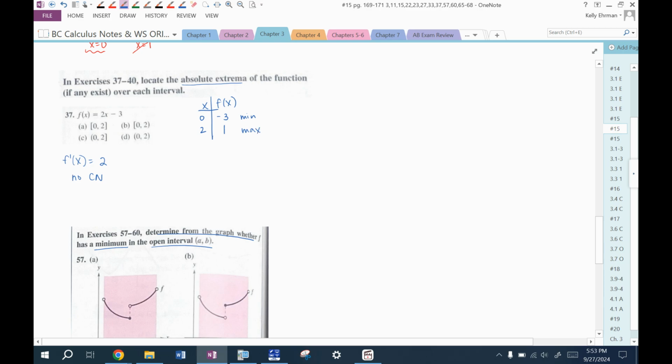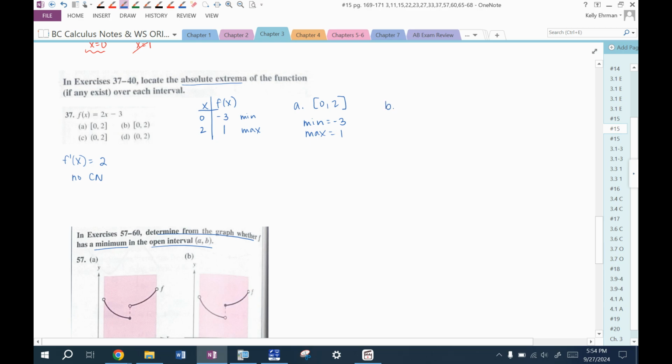And then what they're doing on all of these parts is they're changing the interval. This is kind of like the beginning of our notes. Sometimes we have a closed interval, sometimes we have an open interval, or some combination between. So for part A, where it's 0 and 2, if you're considering both endpoints, then yeah, there's a minimum of negative 3, that's at 0, and there's a maximum of 1.